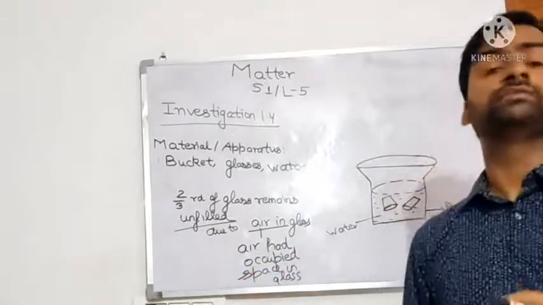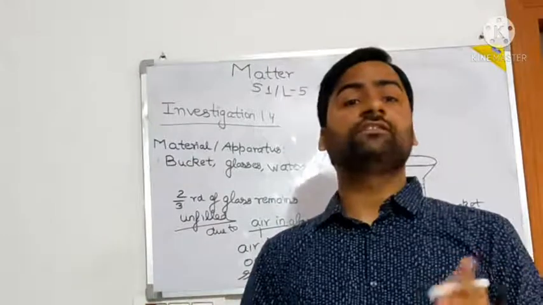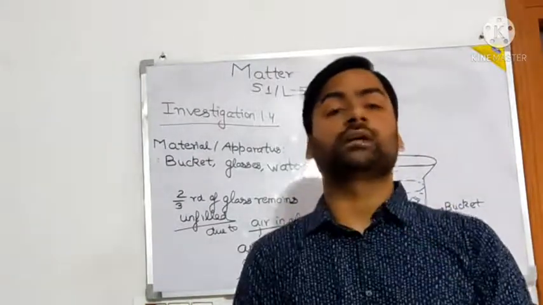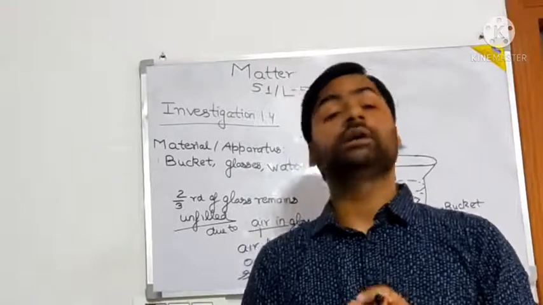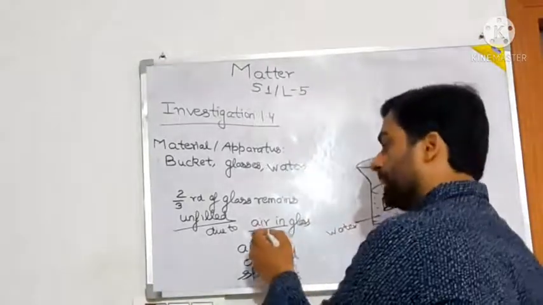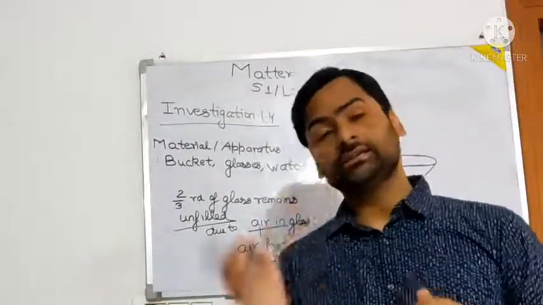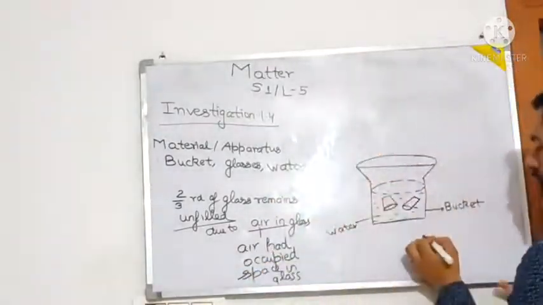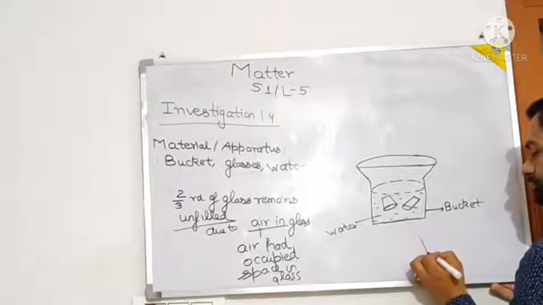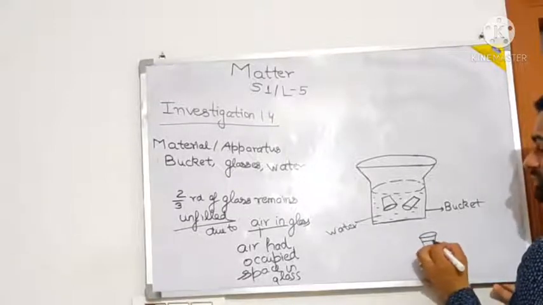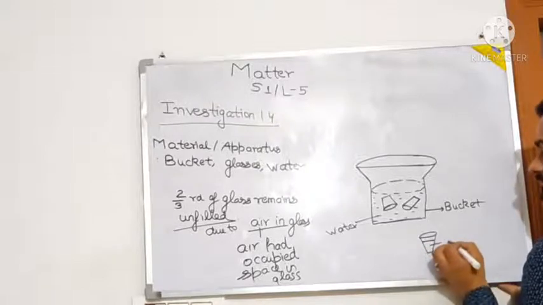Means what? If something is already filled, can you fill it more? No. So as much space was not occupied by air, that much only was filled with water. The remaining space in the glass, like see, I will draw a glass here like this. Suppose this much is filled with air.